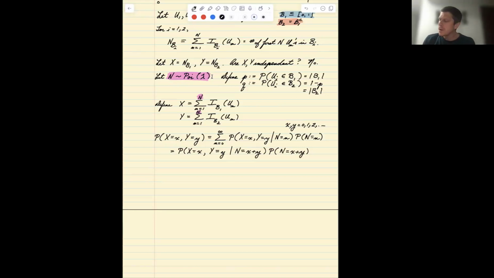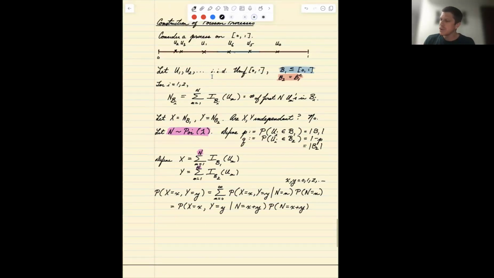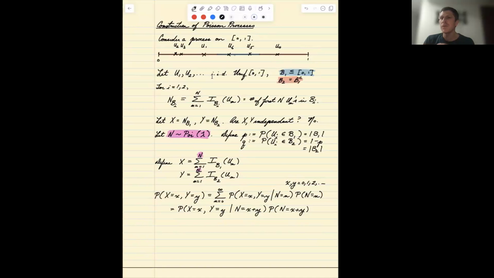Well, now what's the probability that X is equal to x and Y is equal to y, given that n is equal to x plus y? Given a certain number of points, what is the distribution of where the points fall? Each point will fall within each region independently with probability p or q.